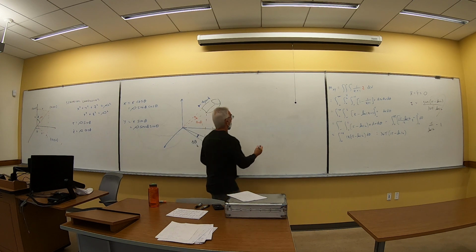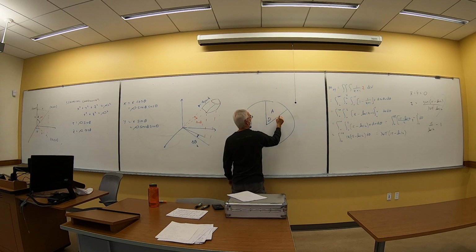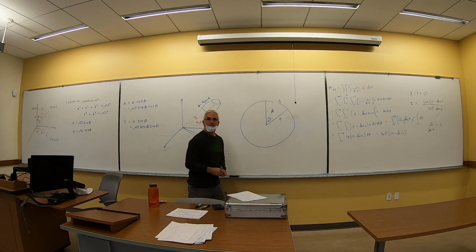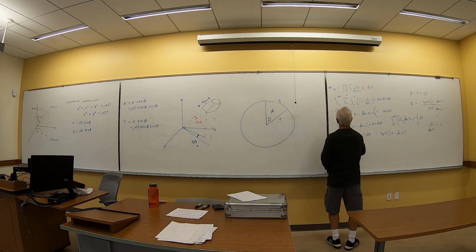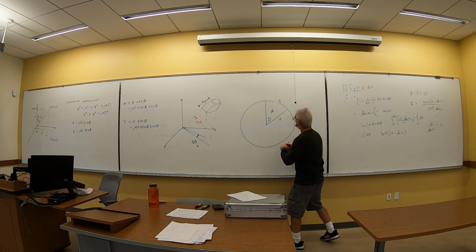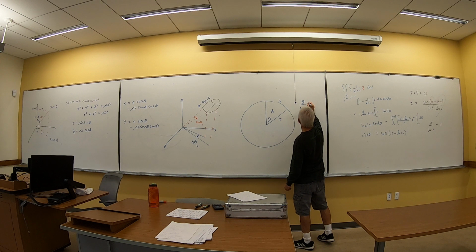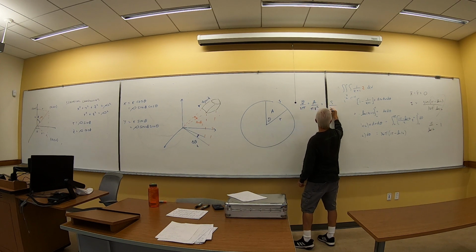Now, reminder, this is something we know, but I pull this out every now and then: the three equal ratios that come whenever I take a sector of a circle, because that's coming from the central angle. So we know that theta is to 2 pi as the area is to pi r squared, as s is to 2 pi r.